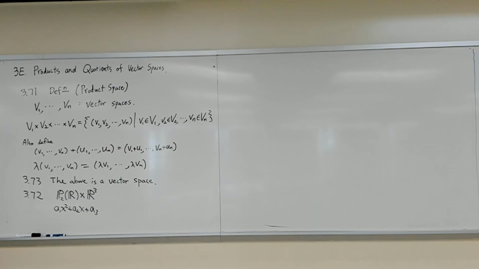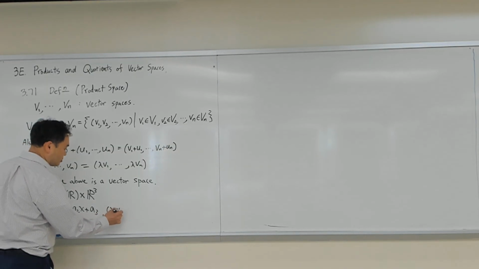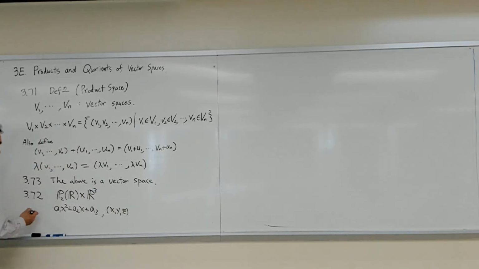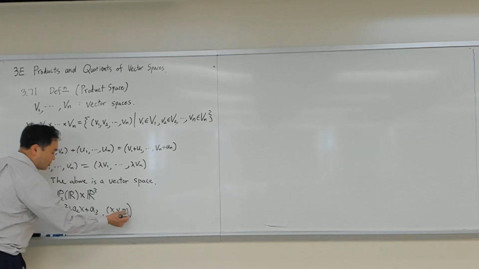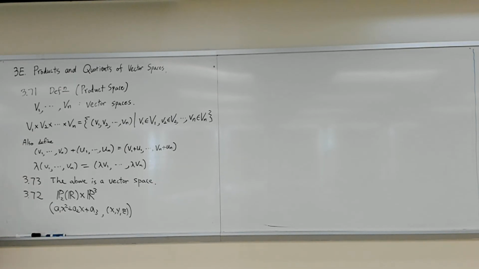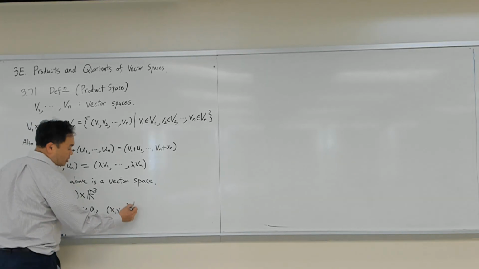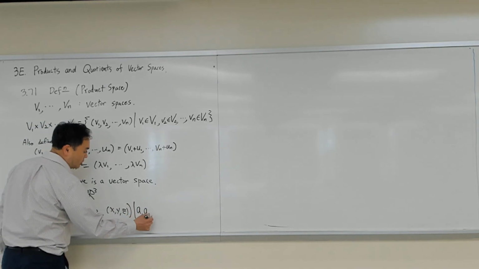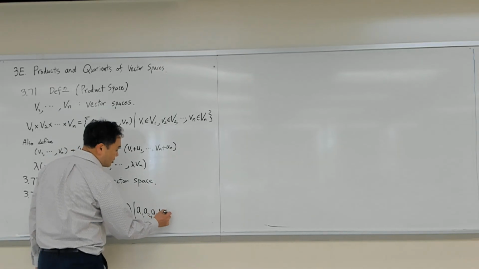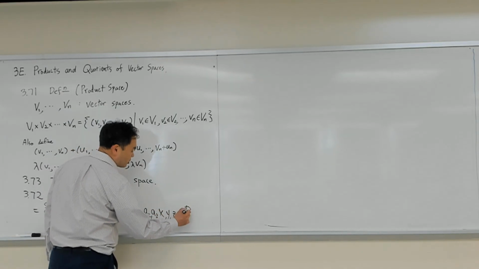And then what's a generic element in R3? x, y, z. So you collect this as a list, and these lists become each element in this set. This is a set of all of these lists, where a1, a2, a3, and x, y, z, all of these are real numbers.